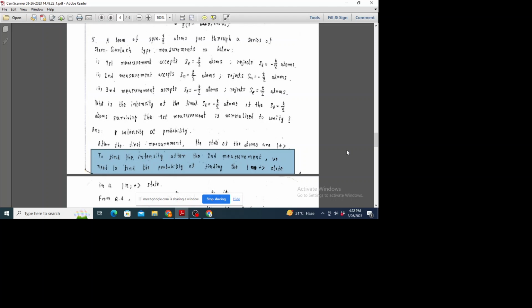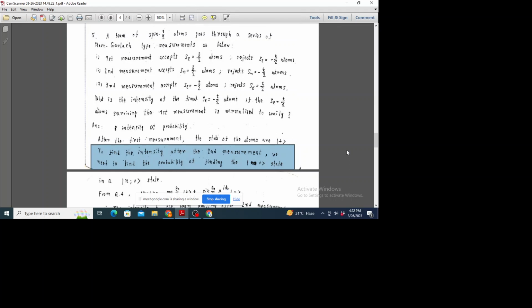So we have to find that probability, and that will be the intensity also. Because, in the Einstein photoelectric effect interpretation, the intensity is the number of photons, right?